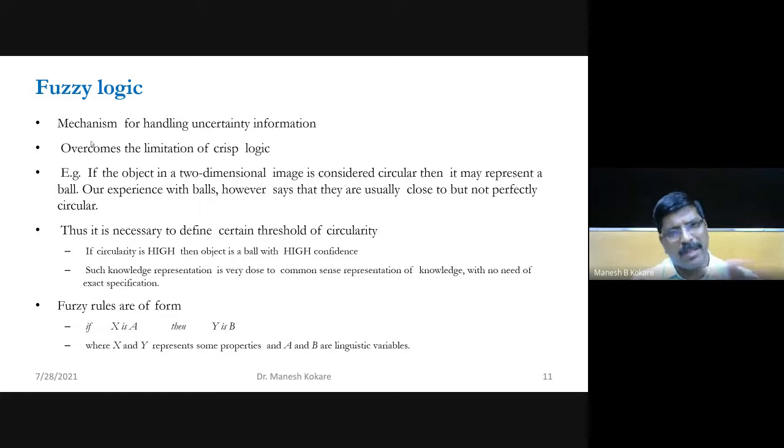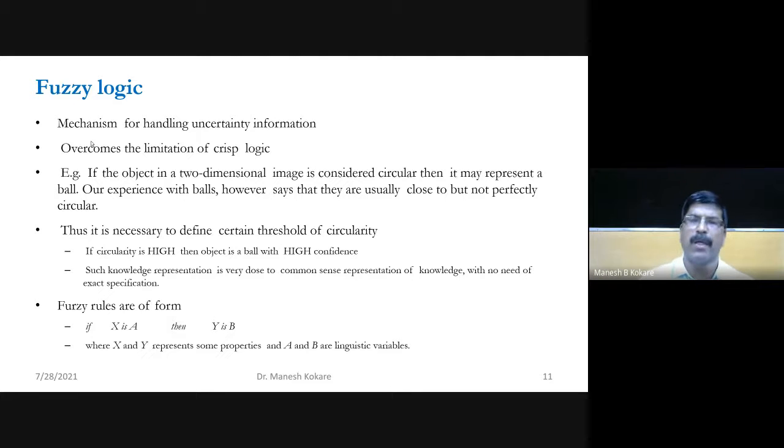Crisp logic has either value 0 or 1, whereas in fuzzy logic, between 0 and 1, infinite membership values are there, as proposed by Professor Zadeh. This is widely used in computer vision, machine learning and pattern recognition.